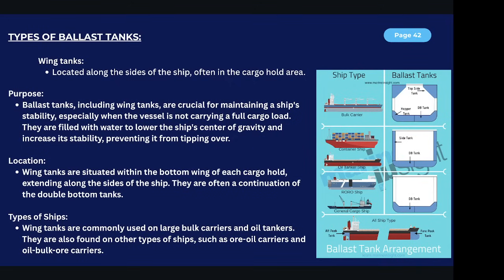The wing tanks are commonly used in large bulk carriers and oil tankers. They are also found in other types of ships, such as ore oil carriers and oil bulk carriers.